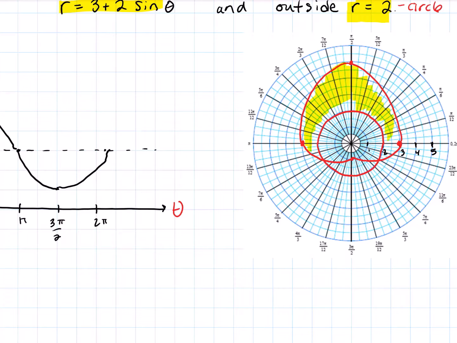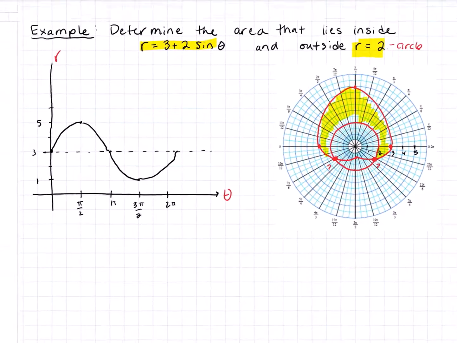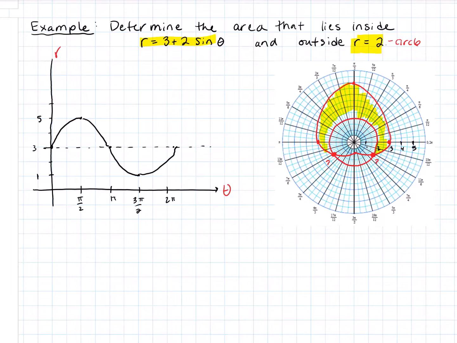The area inside the cardioid and outside the circle. So we definitely need to figure out what these two intersection points are. If we had graphed in some sort of technology, we might be able to see that from the graph. We didn't do that, so let's do that. Find those intersection points. And we want to show where those intersection points come from anyway.